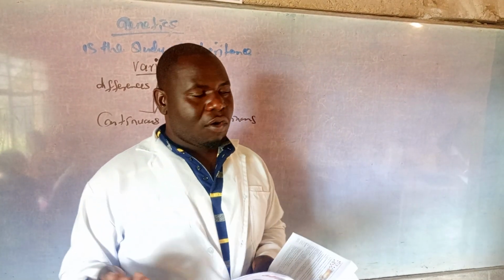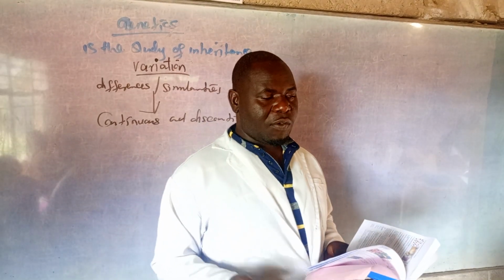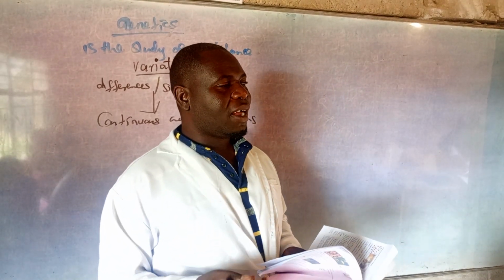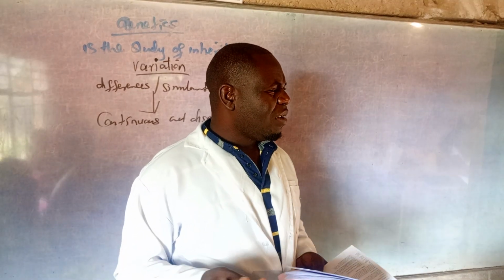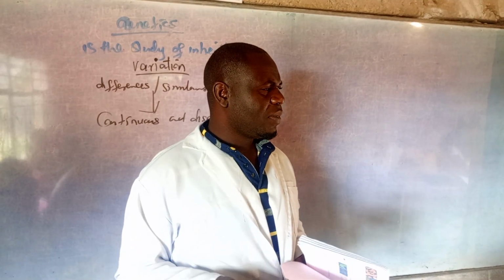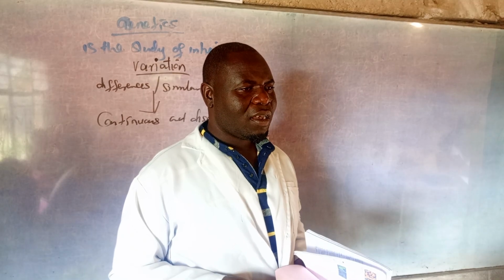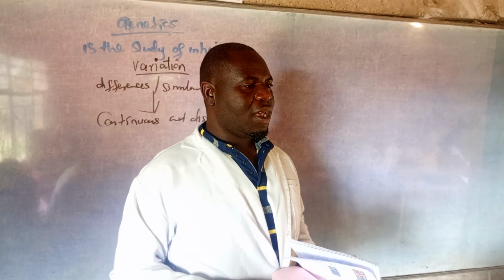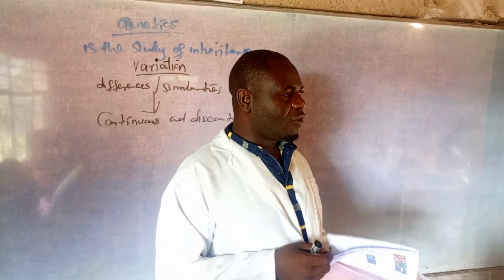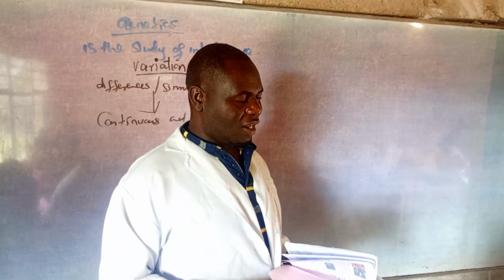Some people, when they come here to Lusaka, their complexion and eyes look brown, but when they return they become black because of a change of what? The climate, the environment. So there are factors that can affect continuous variation.